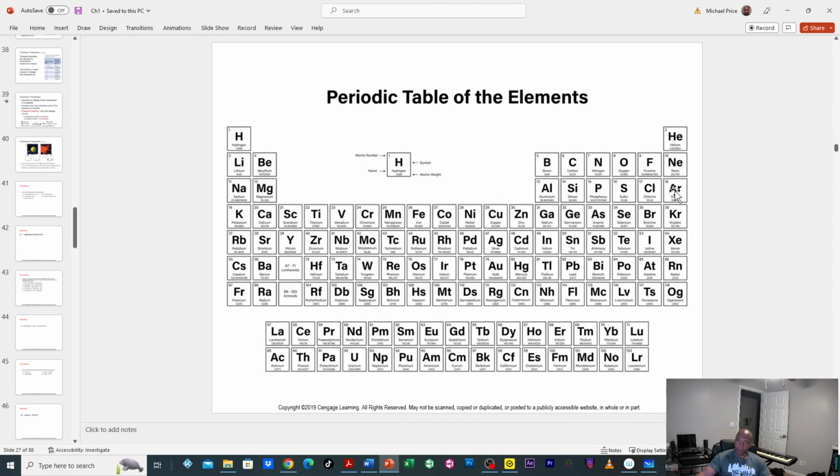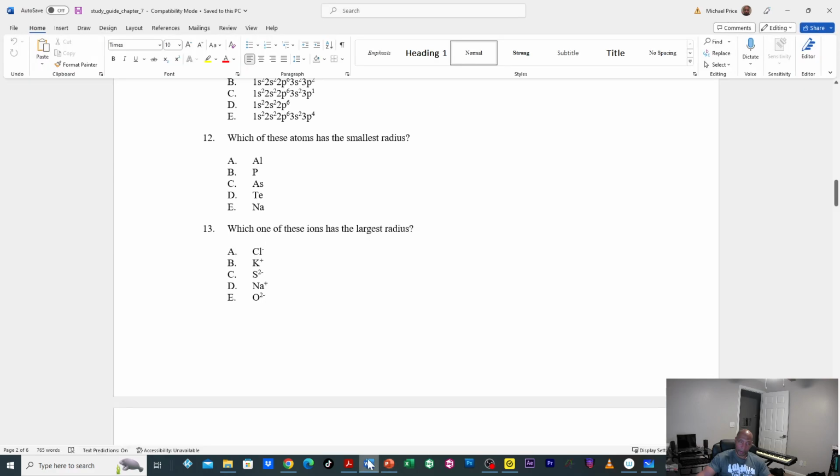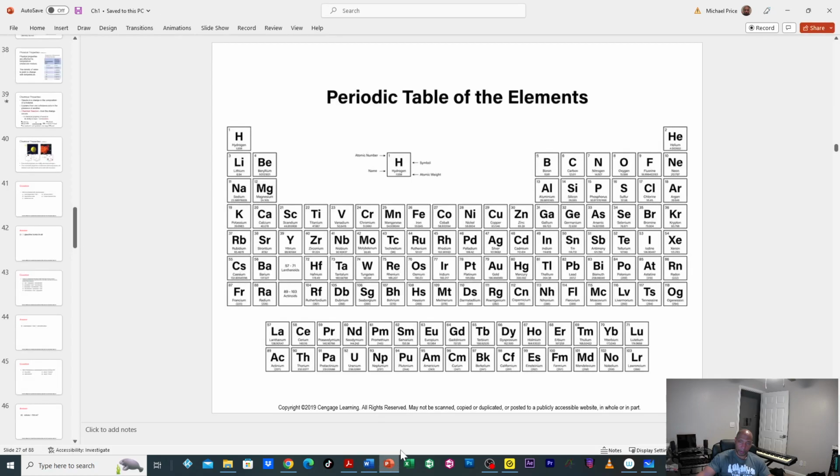So let's see if these are isoelectronic. First, let's look at the chloride anion and the potassium cation. The chloride anion is isoelectronic with argon, and the potassium cation is also isoelectronic with argon. Since they are both isoelectronic, the one with the larger negative charge is going to be bigger.